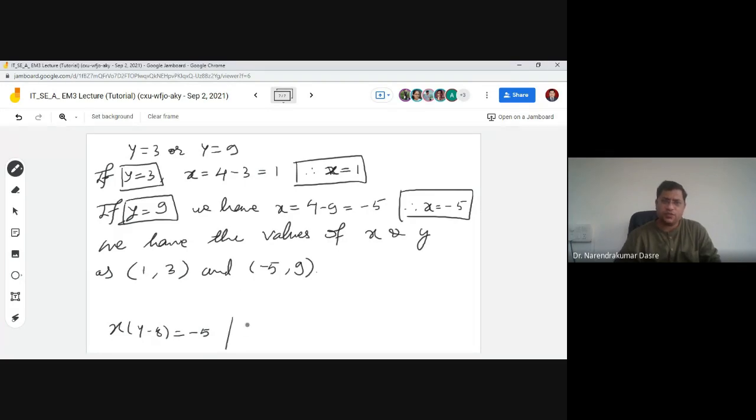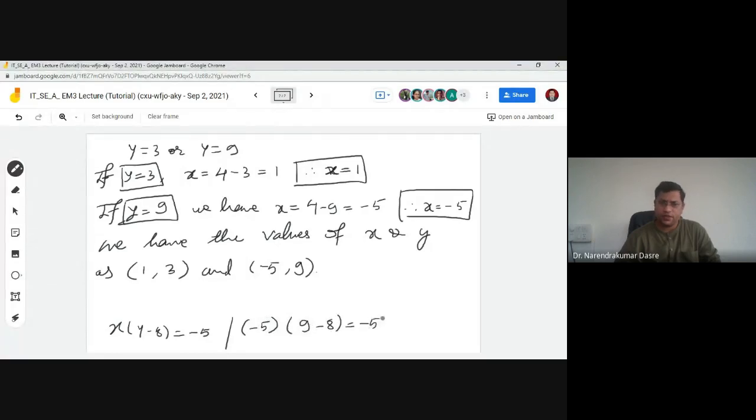If I use this, what will I get? 1 into (3 minus 8). So we got 1 into minus 5, and that is minus 5. So it satisfies. Now think of the next pair. Minus 5 times (9 minus 8).